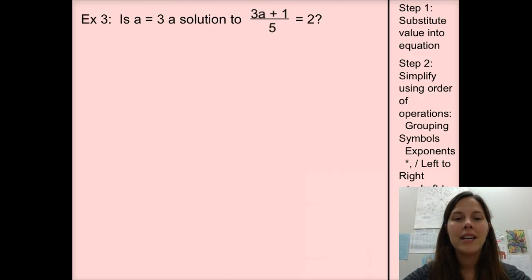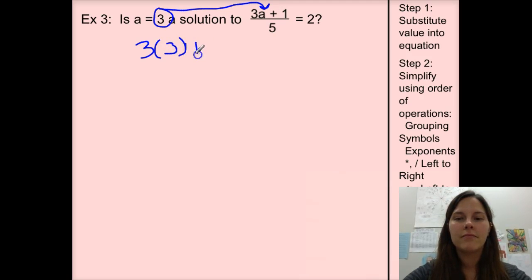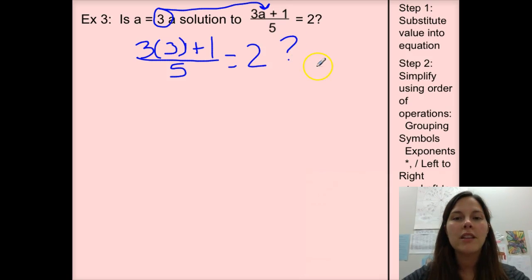Example 3: is a equals 3 a solution to our equation? Replacing a with 3, and checking to see if that simplifies to 2. Remembering that our fraction bar is a grouping symbol, we're going to simplify the numerator.